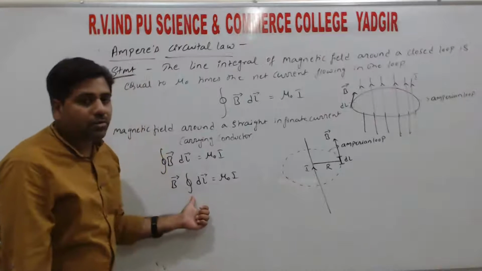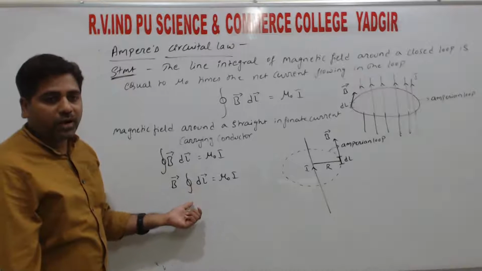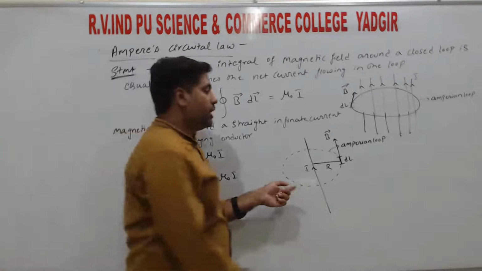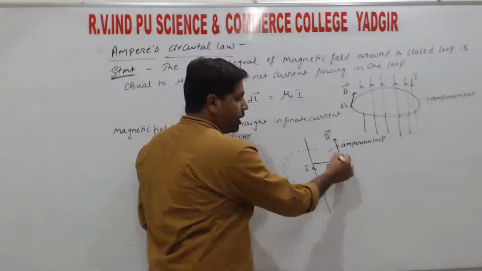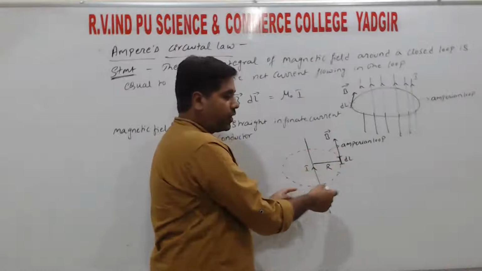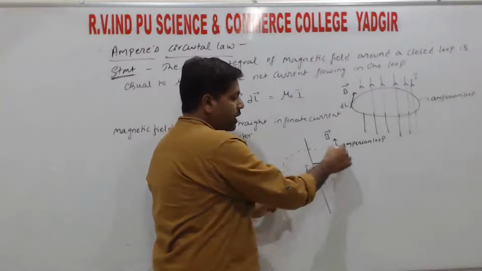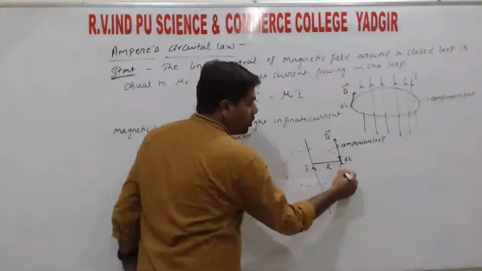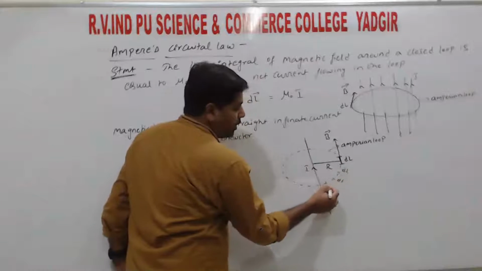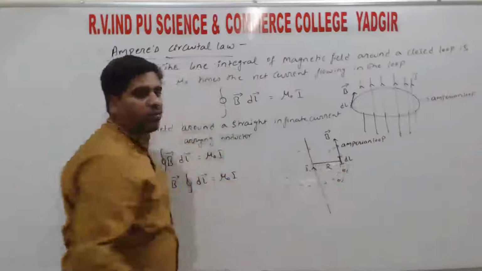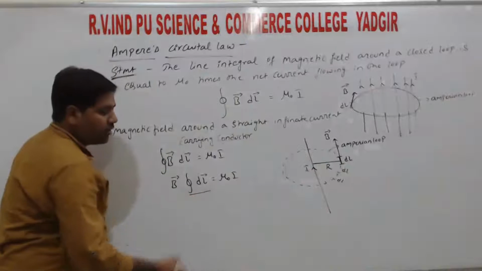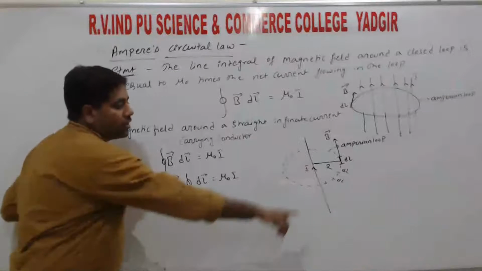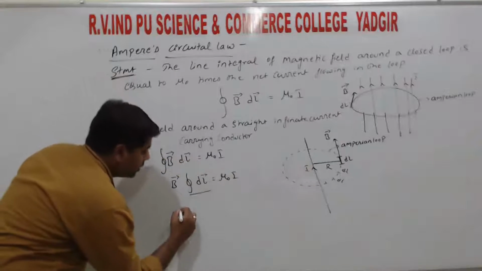So integration is almost equal to the summation. So whether we are integrating or adding, both are the same. So here if we consider a small element dl, we need the total magnetic field across this surface. So we need to add all the small elements around the surface. If we add all these, we get the circumference of a circle with radius r, right?